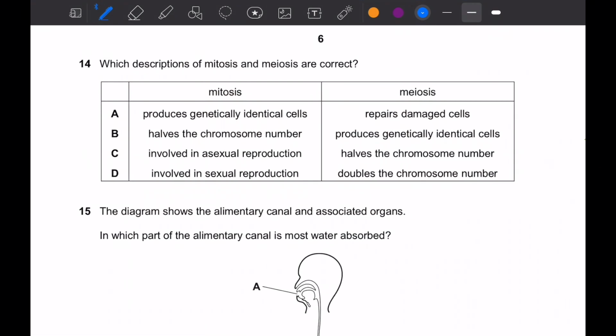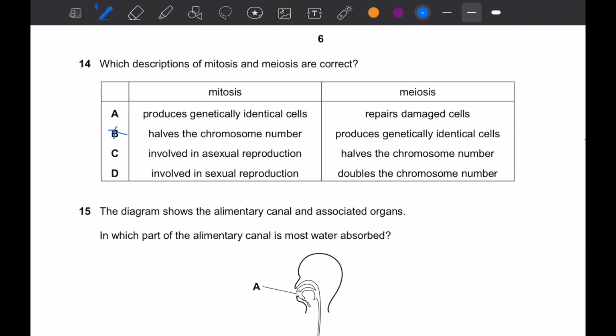Next question. Which descriptions of mitosis and meiosis are correct? During mitosis, the copies of chromosomes separate, maintaining the chromosome number, so the chromosome number is not halved. And during meiosis, the chromosome number is halved from diploid to haploid, resulting in genetically different cells. So B is not the answer.